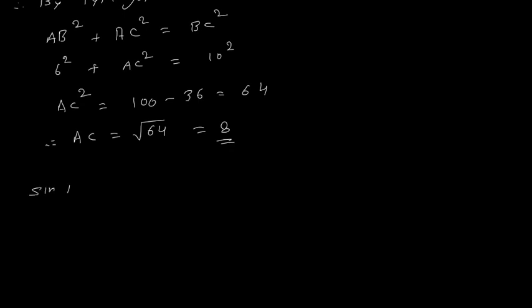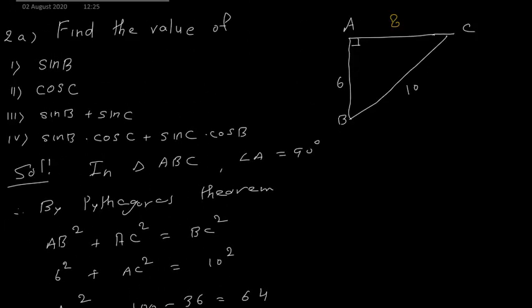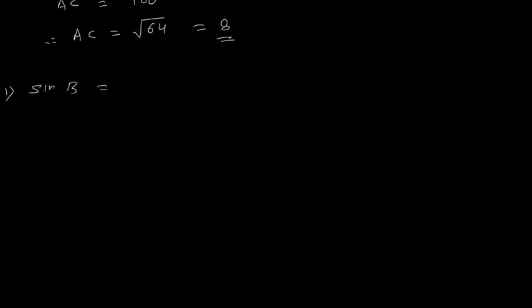This is the first question. Sin B is equal to, for angle B, sin is opposite upon hypotenuse, that is AC upon BC. The value of AC is 8 and the value of BC is 10. They can be divided by 2: 2 4s are 8 and 2 5s are 10.